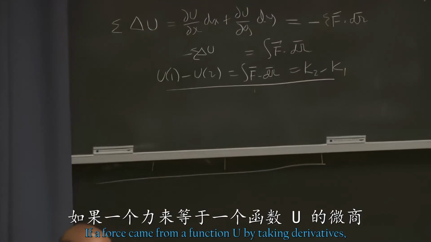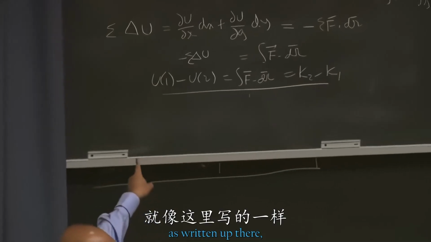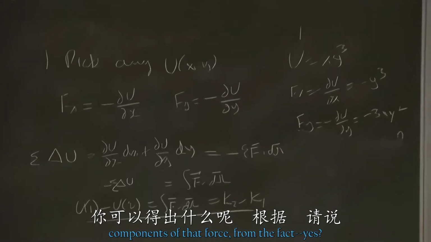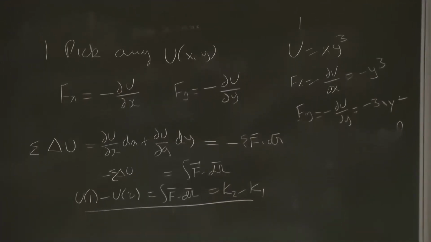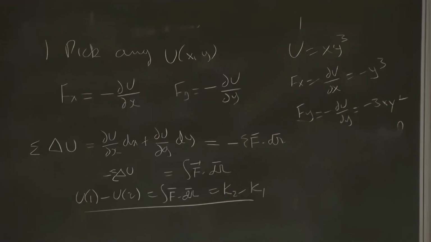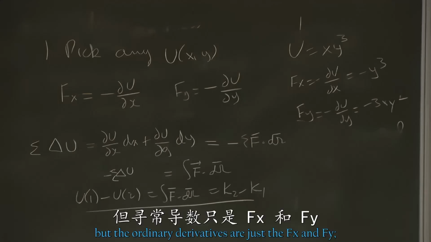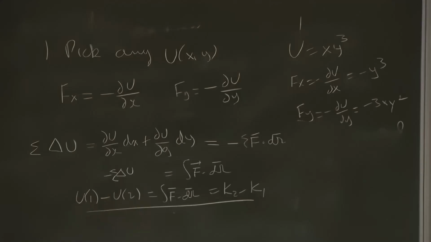If a force came from a function u by taking derivatives as written up there, what can you say about the components of that force? Yes? Right, so we know that for every function u, the cross derivatives are equal. But the ordinary derivatives are just the fx and fy.